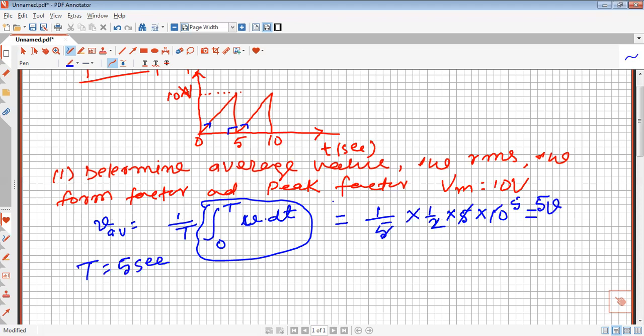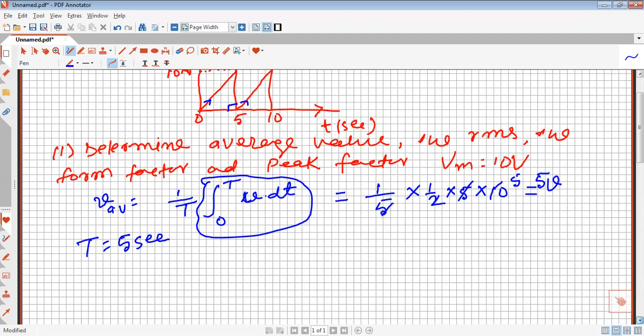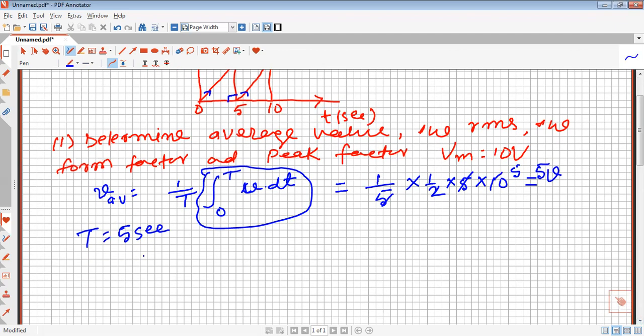This is one method. Another, a generalized method, can be used to find any kind of value like the average value, and for that we need to find the equation. Here I'm drawing this waveform again. It goes from here to here, its magnitude is 10, the time period is 5, and this is the t axis. First of all, we have to find the equation of the straight line.